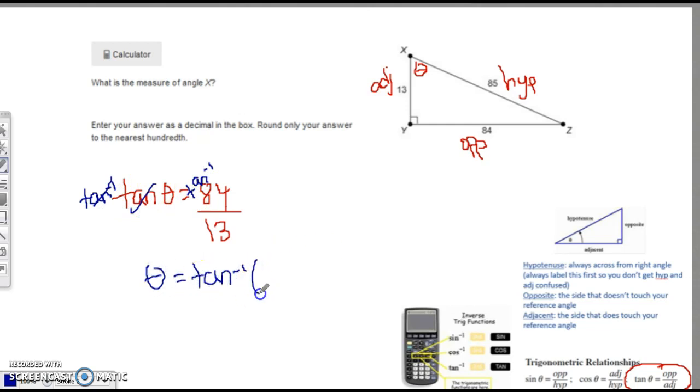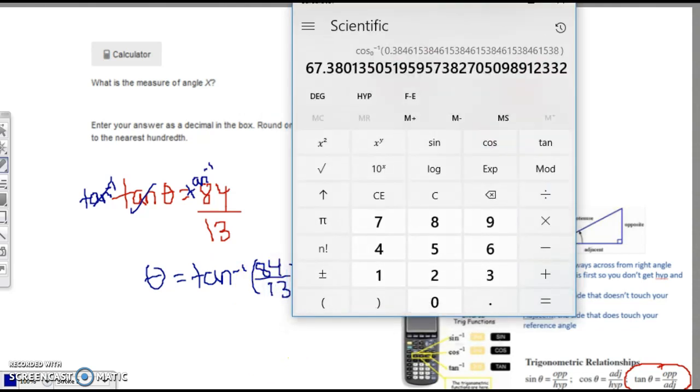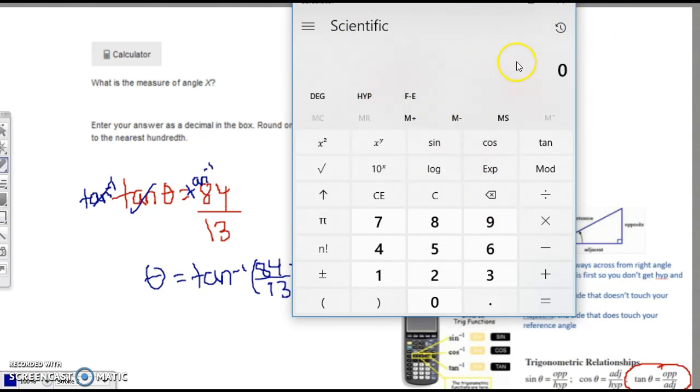And then it is simply a calculator problem. So pick whichever calculator you have and type it in. I'll go ahead and do it on this one. So if I'm using my computer calculator, I need to do 84 divided by 13 first.